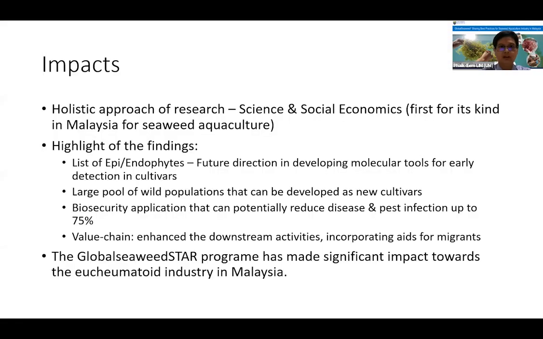Some of the impact and highlights of the study that I would like to share: this is the very first study of its kind in Malaysia on seaweed aquaculture, which includes the science as well as socio-economic aspects. One research highlight is a list of epiendophytes, and in fact many are known to science for the first time.